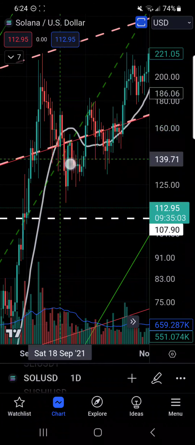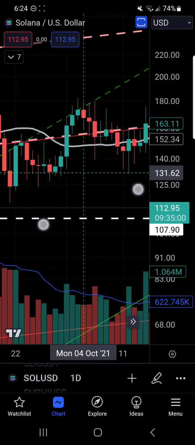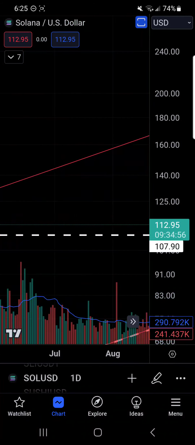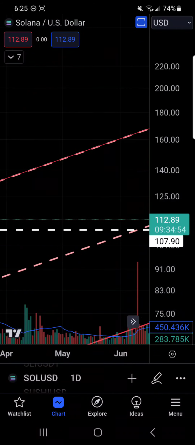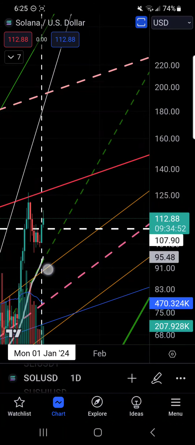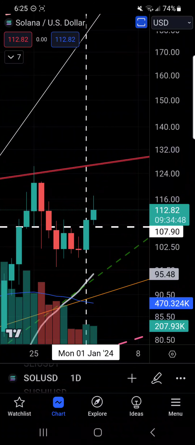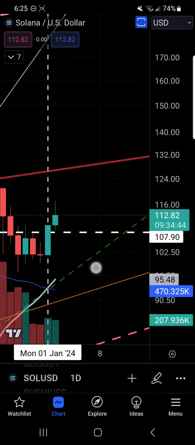I guess there's stuff in this region we could get hung up on. Well, I'll have to look into Solana a little bit more. But currently we have broken back above the white line here and are holding it as support.